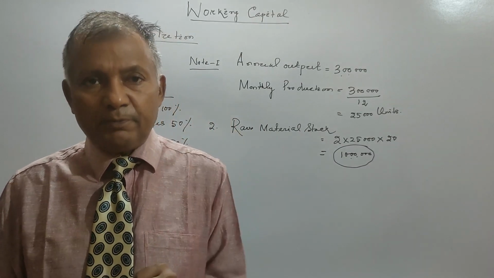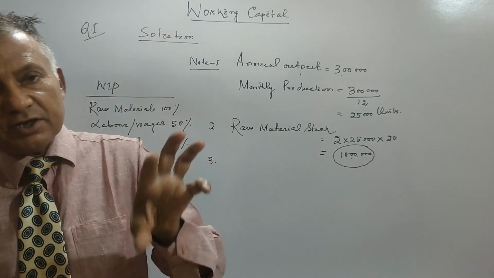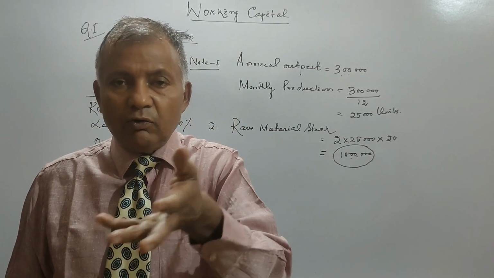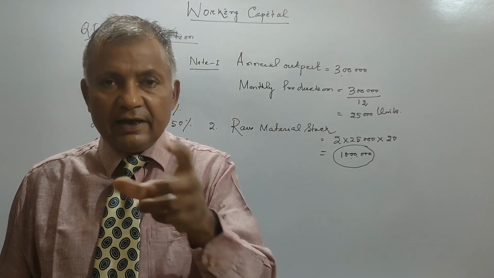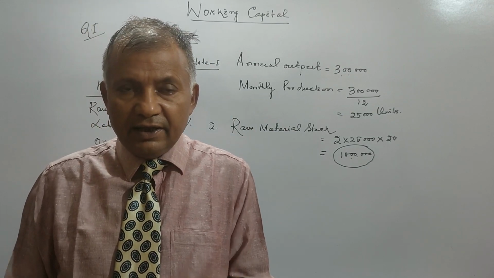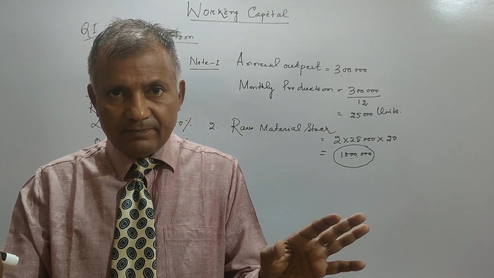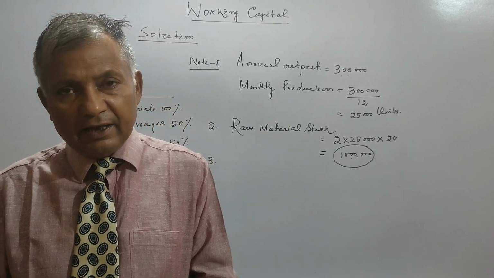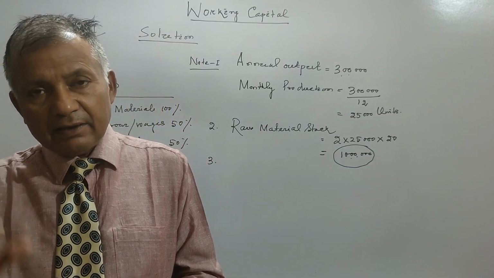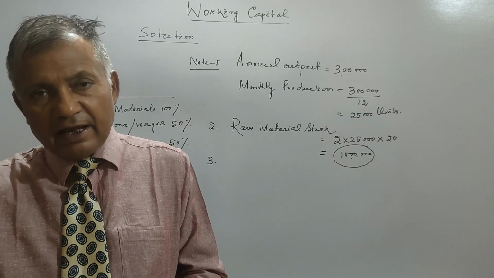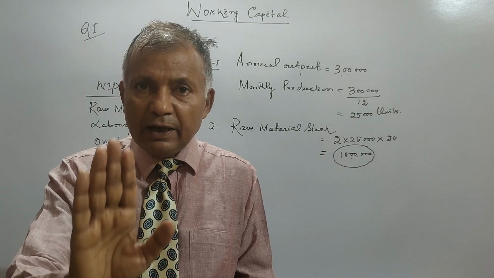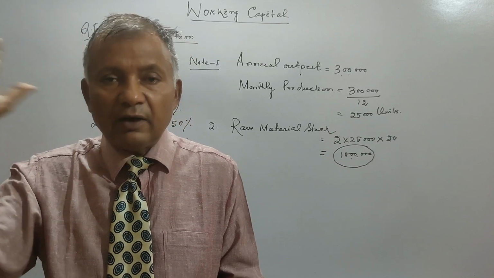This is the principle. However, in some problems they tell you that labor overhead is 60%, material 80%. In that case, where they are specifically telling that work in progress material 80%, labor overhead 60%, you please take that one.